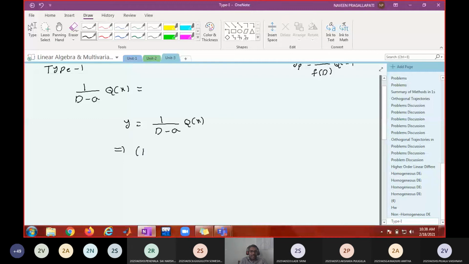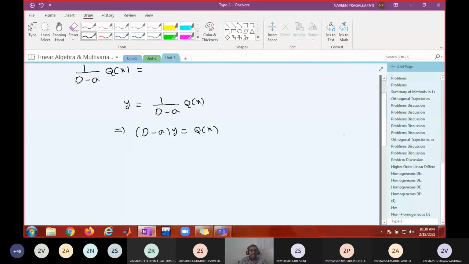The differential equation is (D minus a) of y equal to Q of x. Do you agree? This is nothing but Dy minus ay equal to Q of x, which is dy by dx minus a into y equal to Q of x. Do you agree?